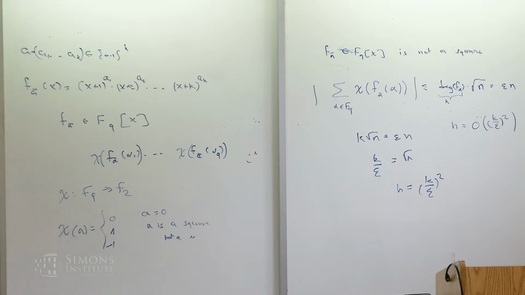Okay, so now let's make it closer. The polynomial we care about is some special polynomial depending on the binary k-length vector.